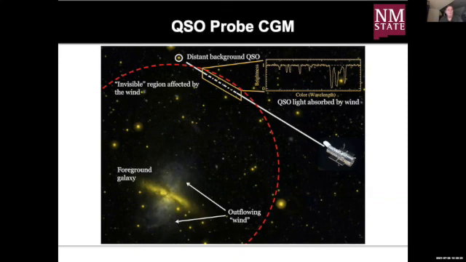we're limited to using quasar sight lines and looking for absorption features to see what's going on in the CGM. The material that comes through the CGM is at the location of the host galaxy you're interested in, the CGM that's surrounding it. So you need to know where the host galaxy is in terms of its redshift, so you can match absorption features.